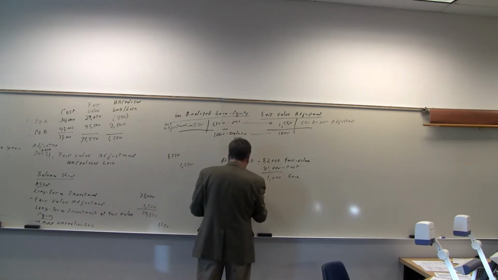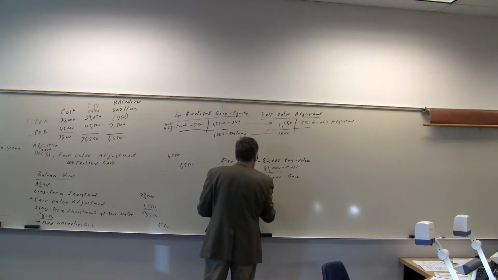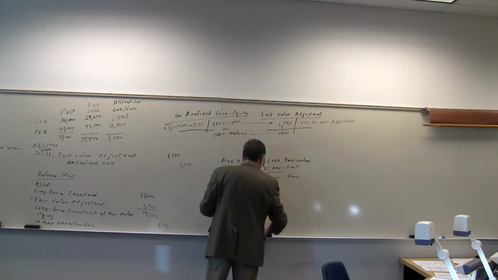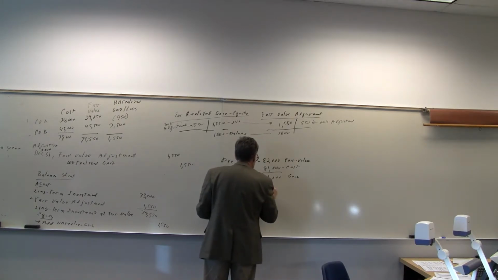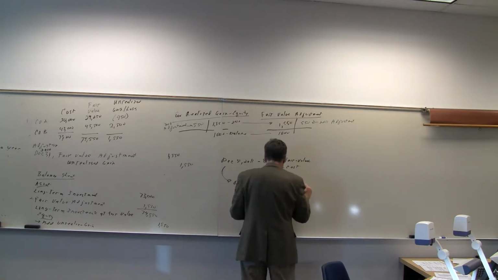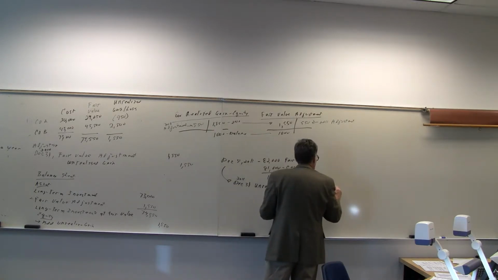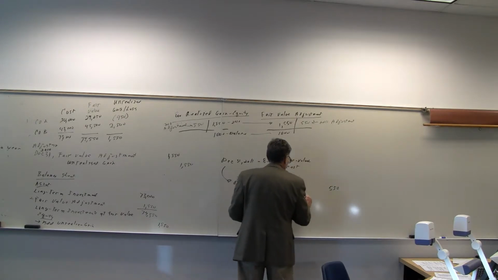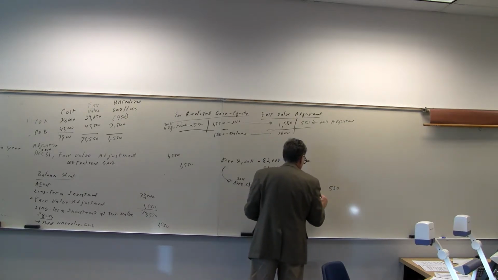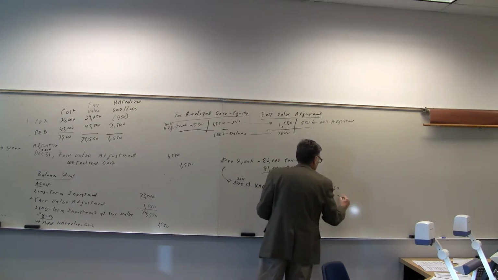It will be unrealized gain, we debited 550, and fair value adjustment will be credited 550.